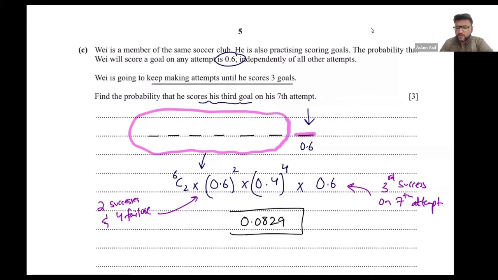So 0.0829. Any questions still here? Online students, any questions so far? Clear? Can I move on?